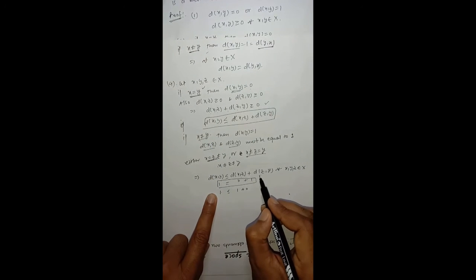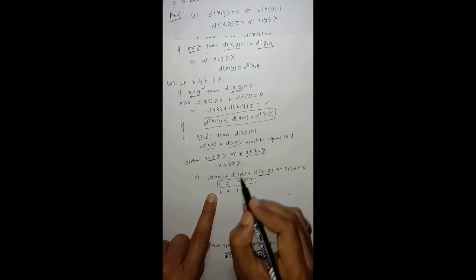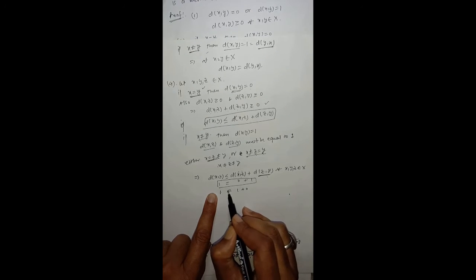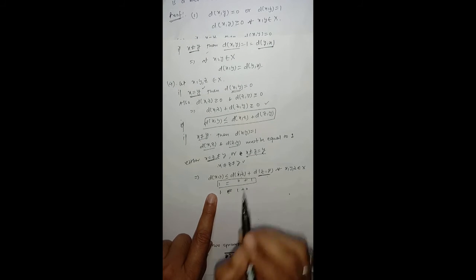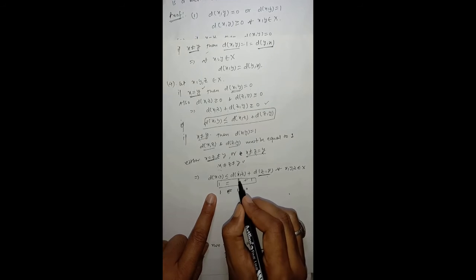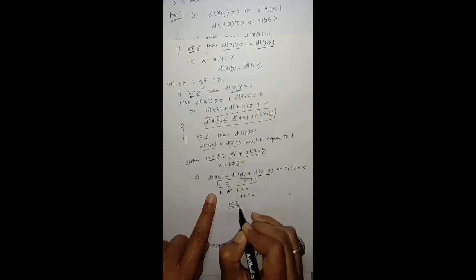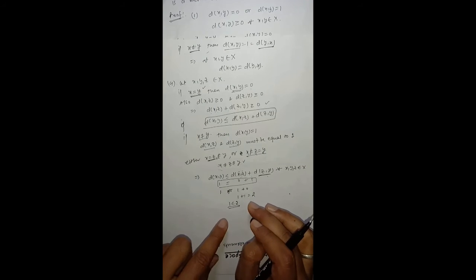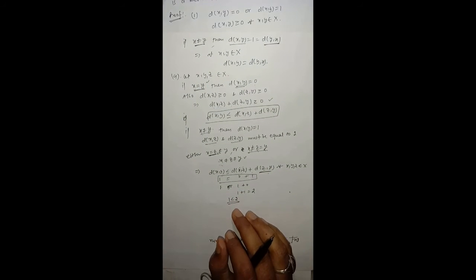Then the distance between z and y is 0, but the distance between x and z is 1. So 1 is equal to 1. In the third case, if x is not equal to z and z is not equal to y, we get 1 on the left and 1 plus 1, which is 2, on the right. The property again holds. So the fourth property holds, and we can say that d is a metric on X.